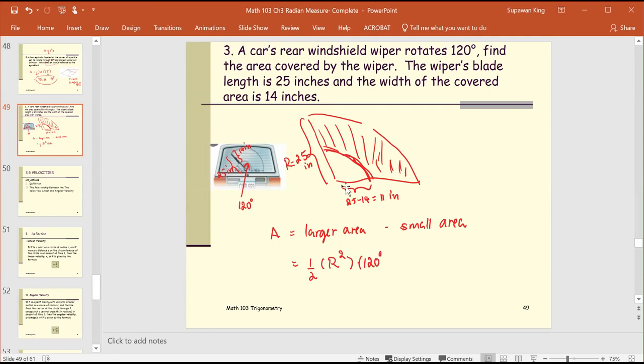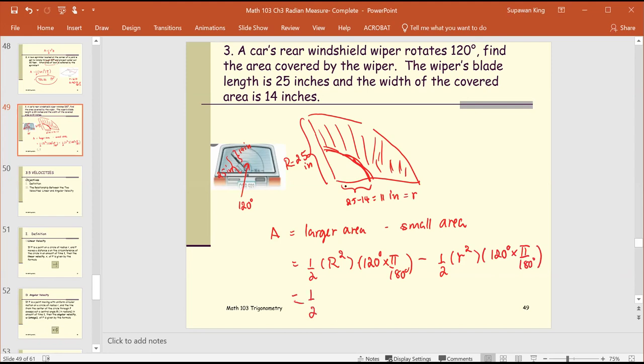Recall 120 degrees is in degree form, so we have to multiply by pi over 180 to change it into radians. Then subtract the small area, which is 1/2 times r squared, using the lowercase r, multiplied by the same angle, 120 degrees, times pi over 180 degrees.